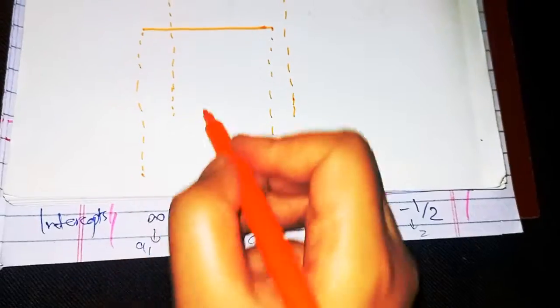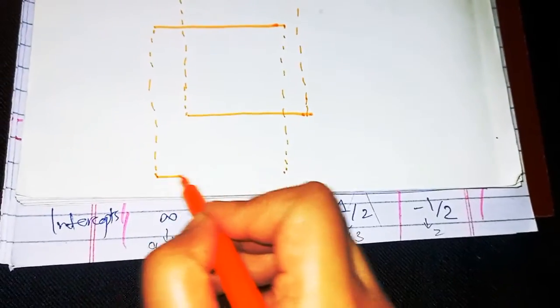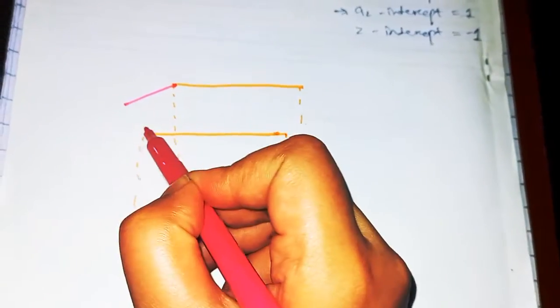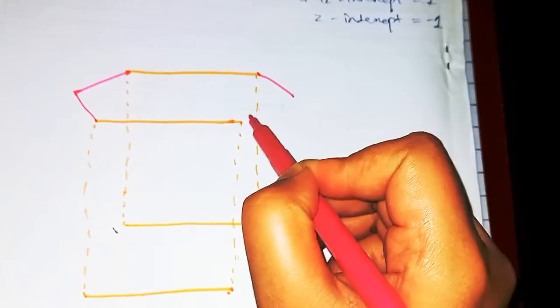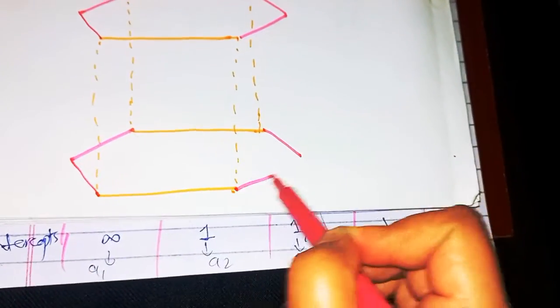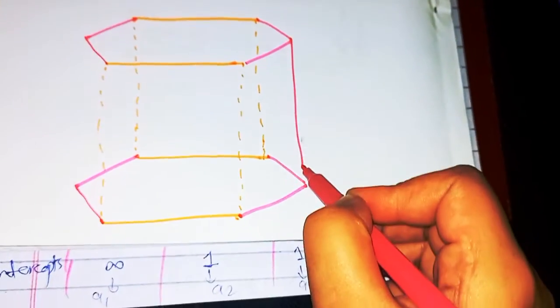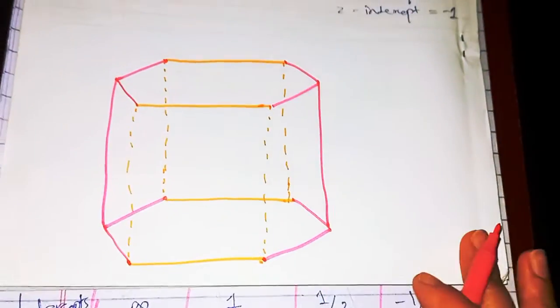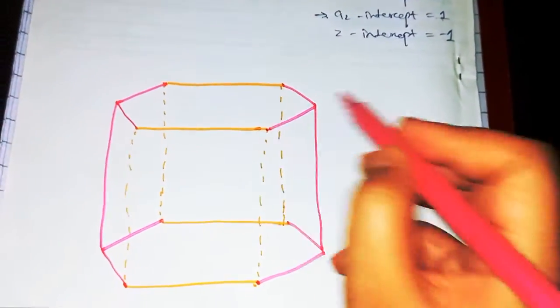Now let's join these together. Next we'll close the figure like that. Join these corners together. And in that way our figure has been drawn.